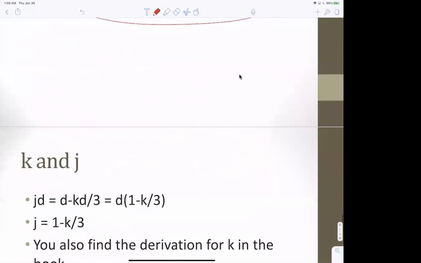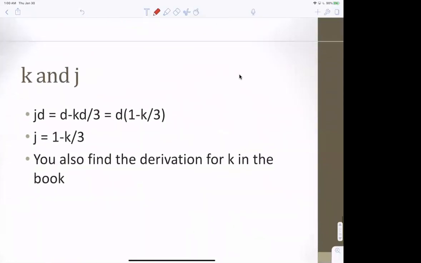Okay, so K and J. So JD is D minus KD over 3, remember? Because it was a triangle, and that was KD over 3. And this is JD, and this distance here is D. Okay, so JD is D minus KD over 3.